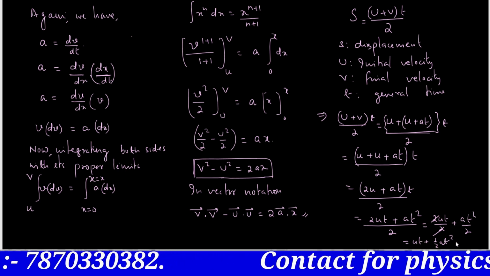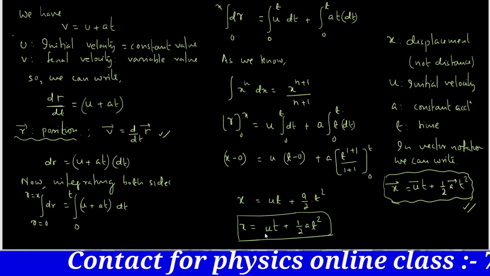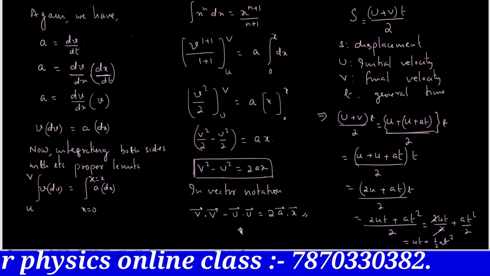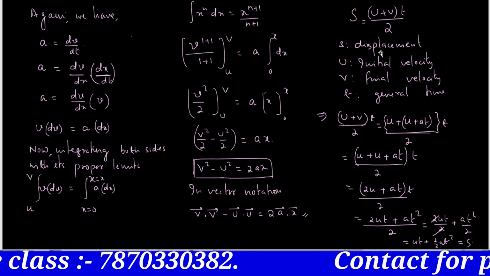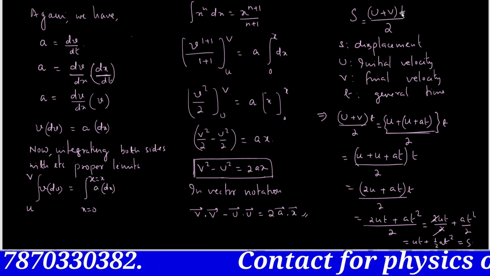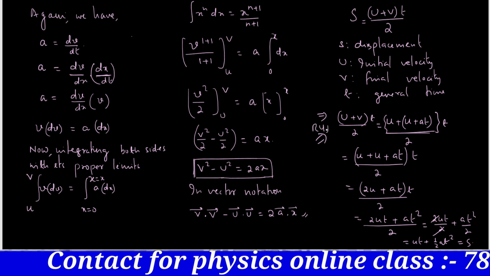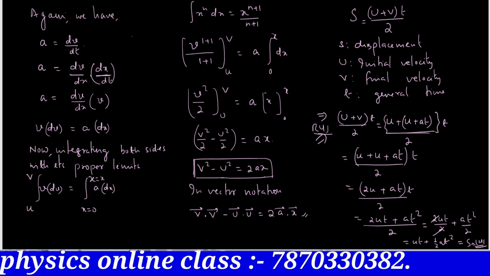UT plus half AT square equals to X, so we can write this as S. And here I proved this. This was RHS, and this is LHS, right?